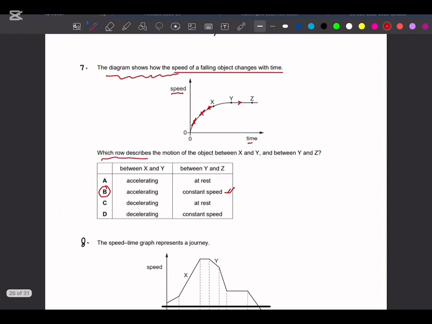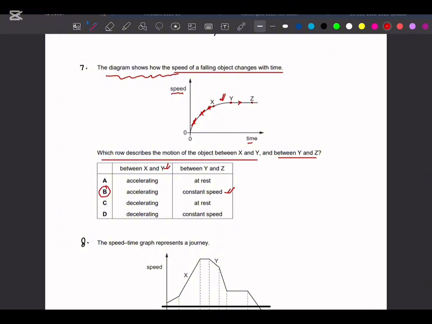Which row describes the motion of an object between x and y and between y and z? So between x and y, as I said, the speed of the body is increasing, so you can say that the body is still accelerating. But obviously between y and z, the speed becomes constant.